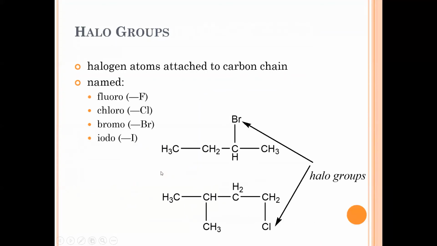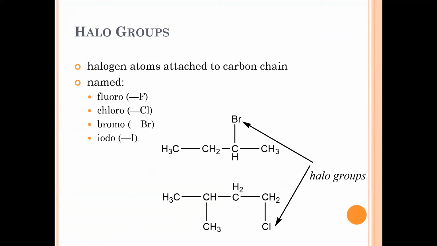The other common names that we're going to talk about are going to be halogens. So anything in group 7 can make a single bond. So these are going to be our replacements here. So we're either going to be a carbon-based alkyl group, or we'll be what we call a halogen group, and those are halo groups, H-A-L-O, okay, for the halogens. So in this case, we're basically taking the beginning of the name and adding an O, okay, for halogen.